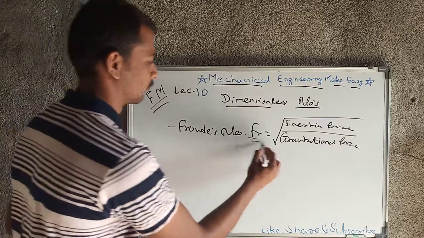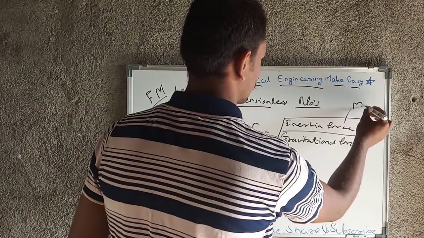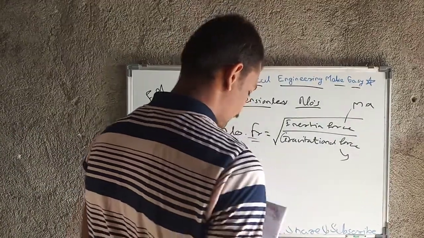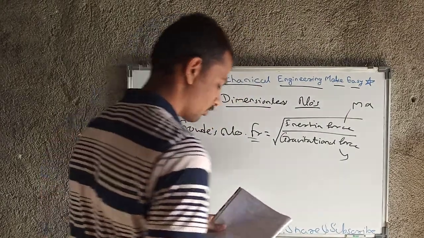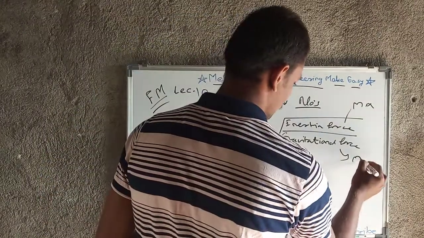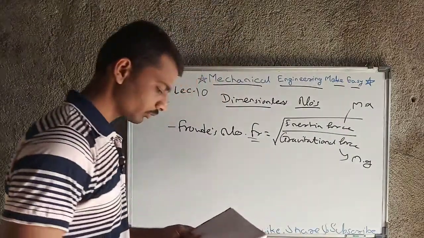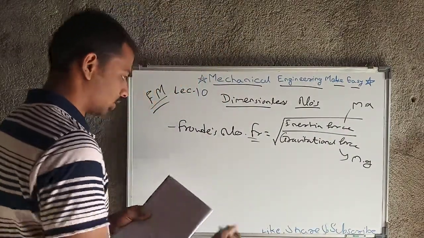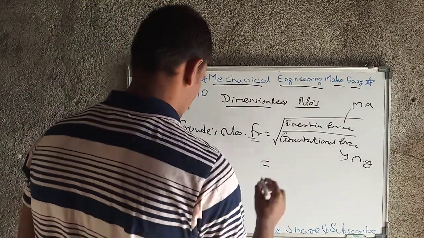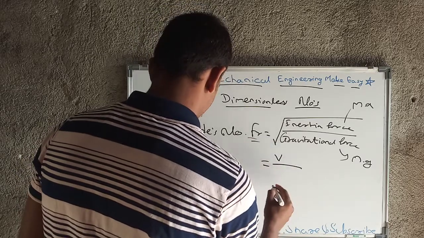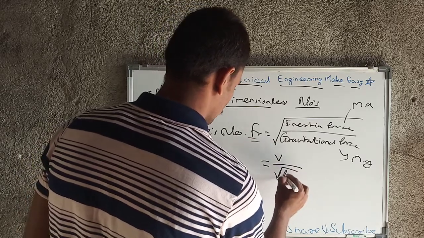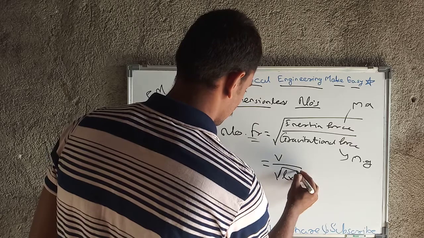We know inertia force is mass into acceleration, and gravitational force is nothing but mass into acceleration due to gravity, means m into g. So ultimately we get the equation for Froude number, that is v upon under root of L into g.